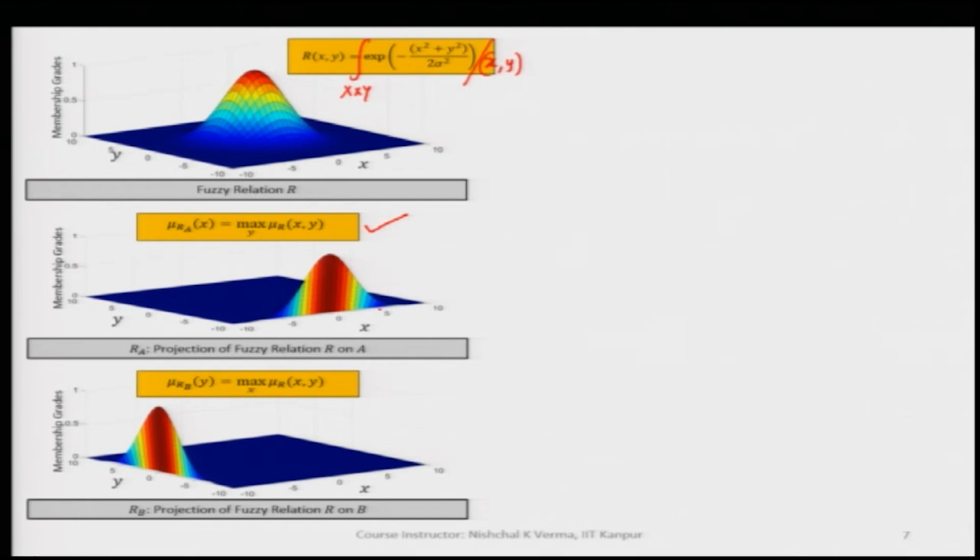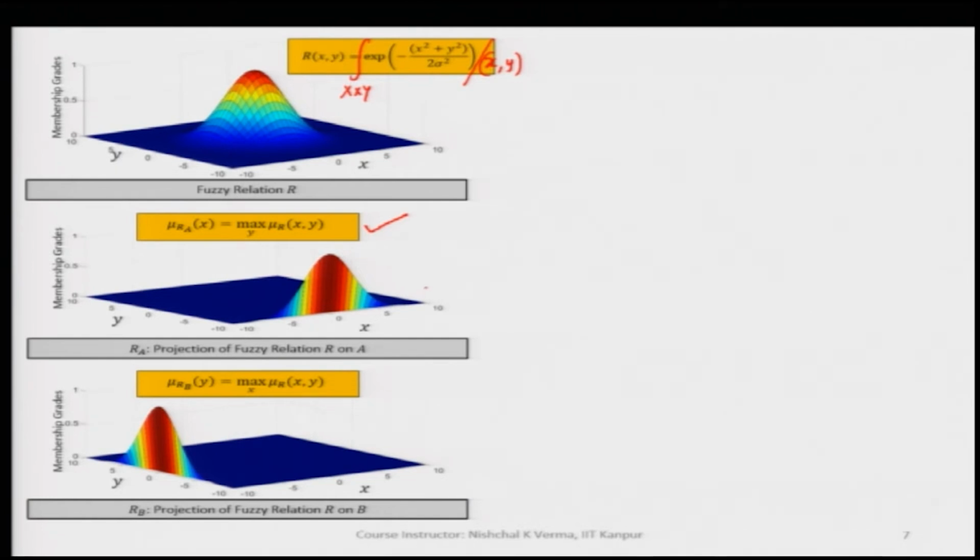When we say dimension, it means the generic variable with which the fuzzy set is defined. In this case R is originally defined with the generic variables x and y, and when we take the projection of R on A, it means we are eliminating the y generic variable and retaining the x generic variable.